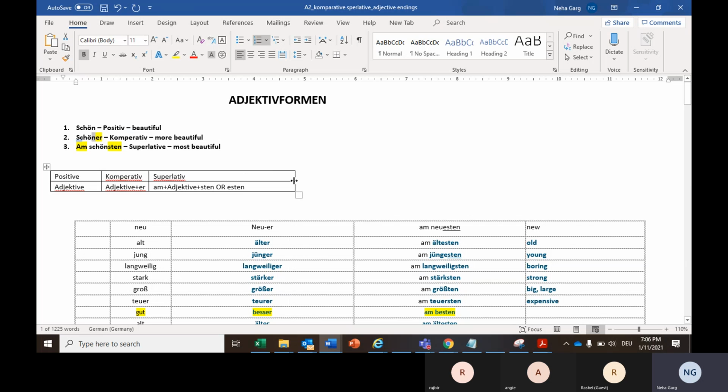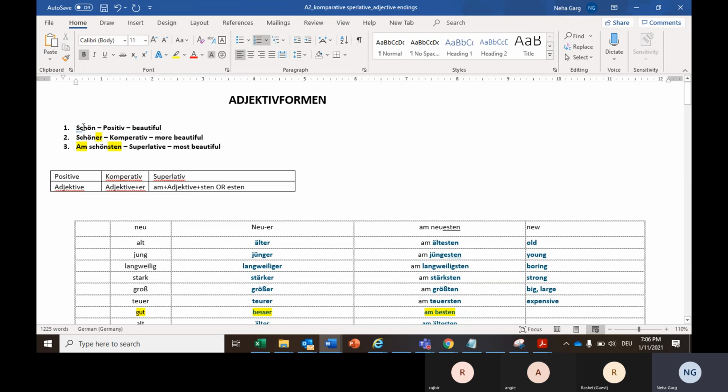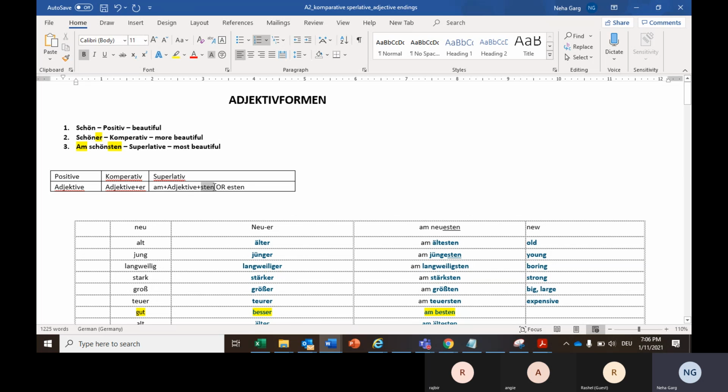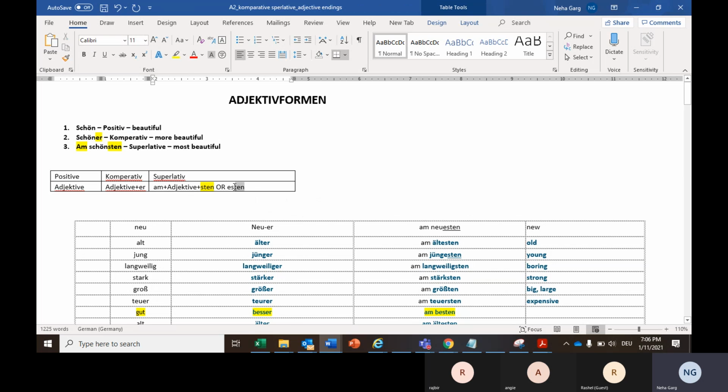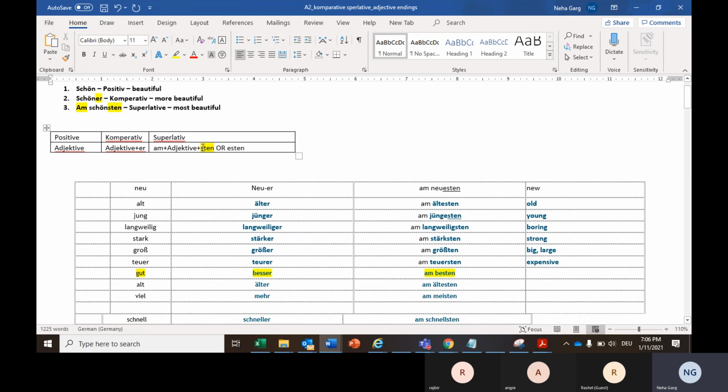But in the comparative form we use the adjective and add an extra er, the adjective plus er, here shown, schön plus er, schöner. And then in the superlative form we add am, which means at, then the adjective, and then sten or esten. Why sten or esten? We'll discuss this. But as of now, let's focus on sten.